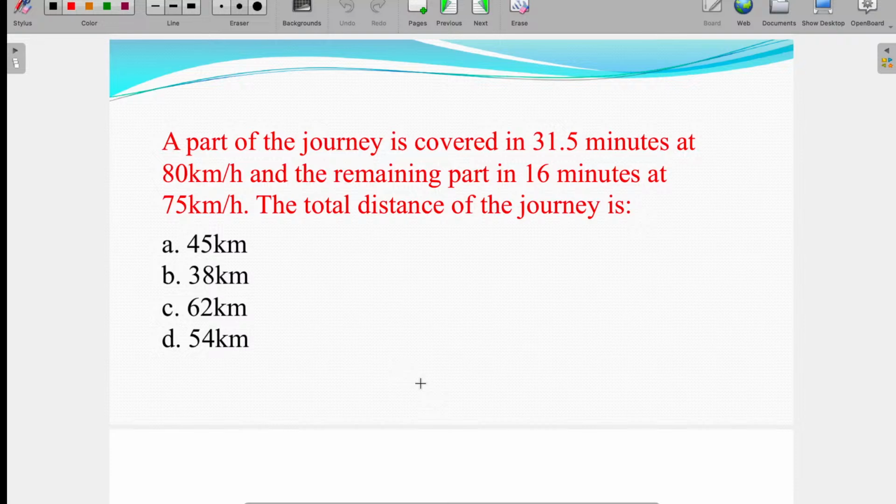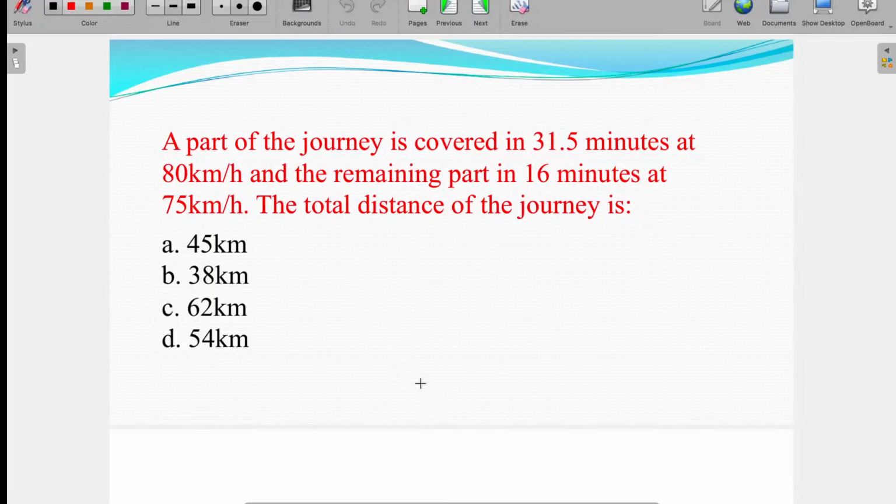Any online students? Then how to solve this question I will explain. Good.